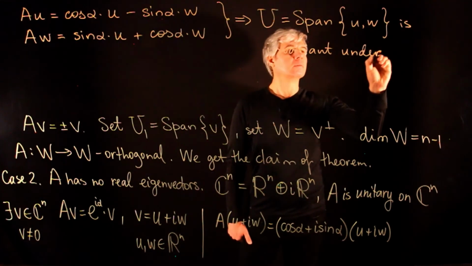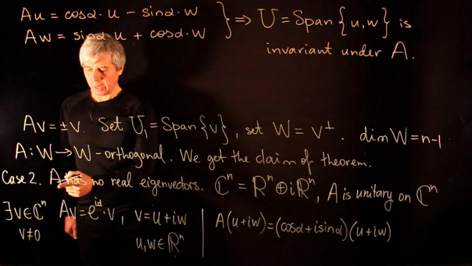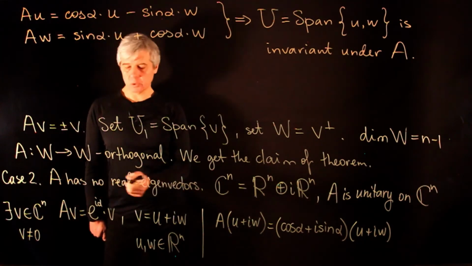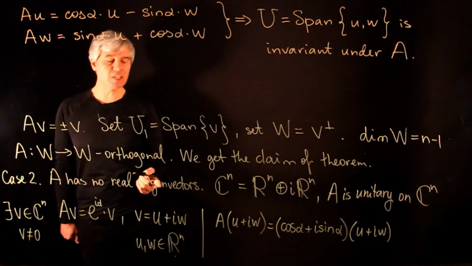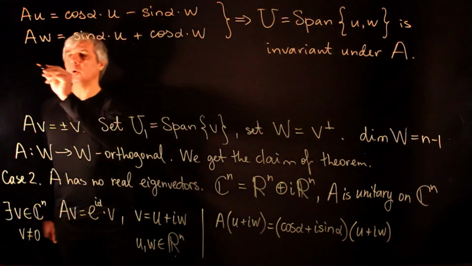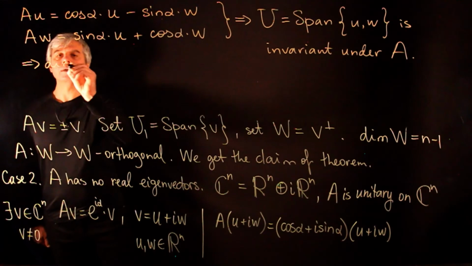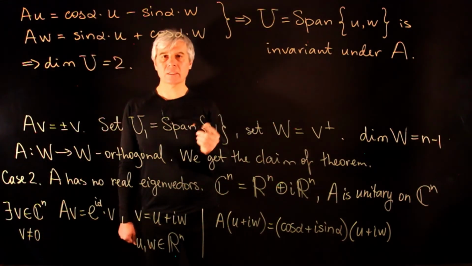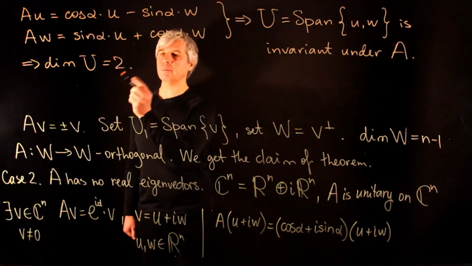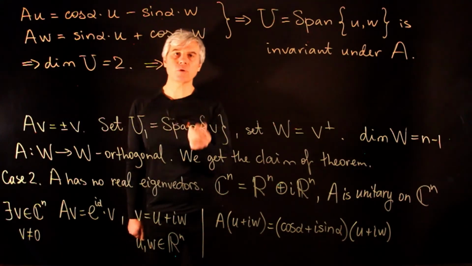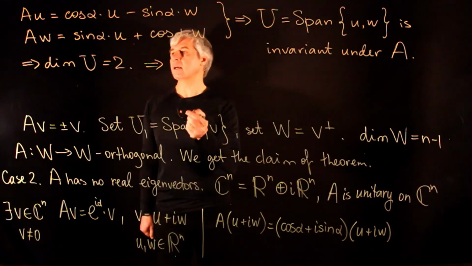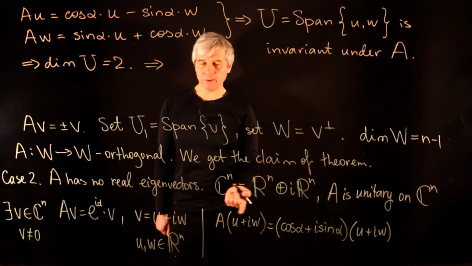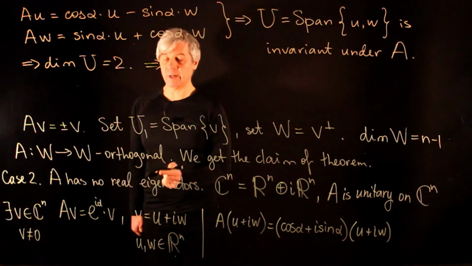under A. And because we're considering the case when A has no real eigenvectors, this means that A has no one-dimensional invariant subspaces, it follows that the dimension of this subspace is equal to 2. Now, A is an orthogonal transformation of a plane. And we know the structure of orthogonal transformations on a plane, so it's either rotation or reflection. But reflections will have eigenvectors, and here A does not have eigenvectors.